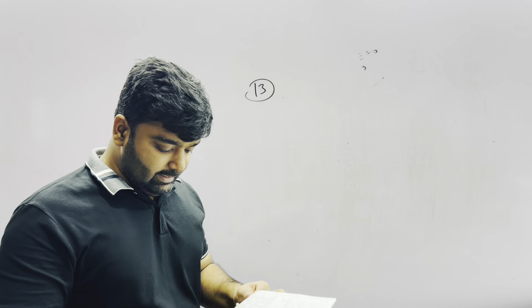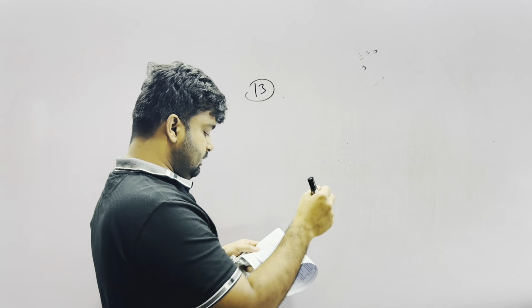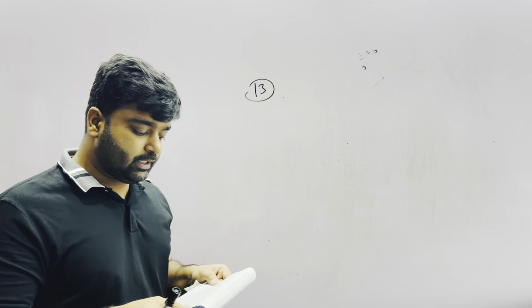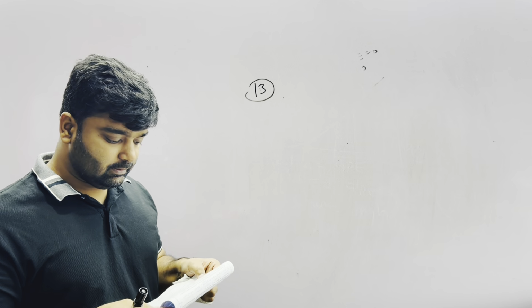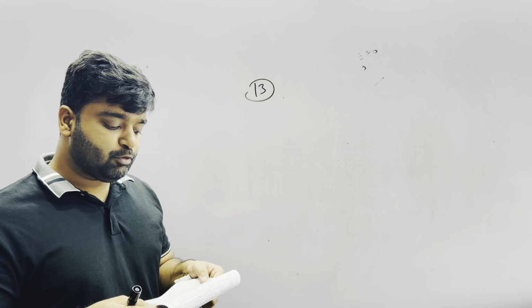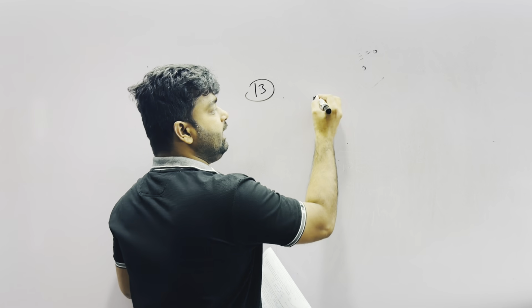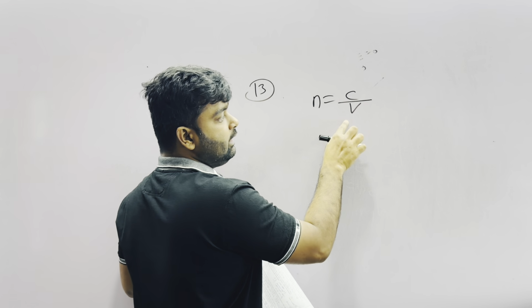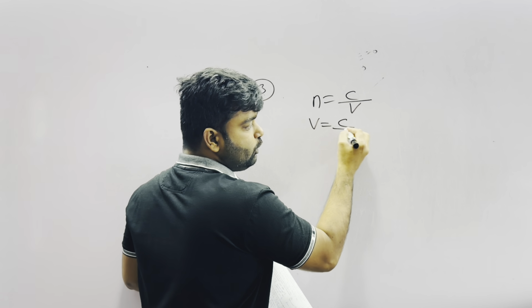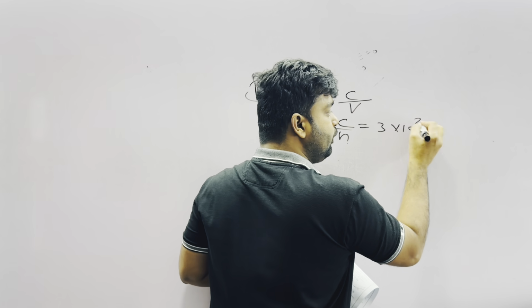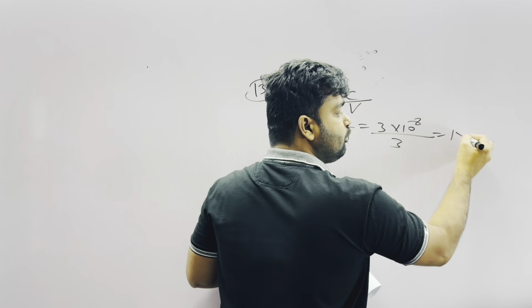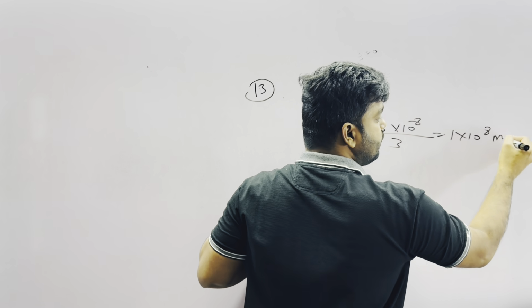Question number 13. The velocity of light in a medium of refractive index 3 is given by n is equal to c over v. Therefore, velocity is equal to c over n. C is the velocity of light in vacuum. N is the refractive index. Therefore, velocity is 1 into 10 to the power of 8 m/s.